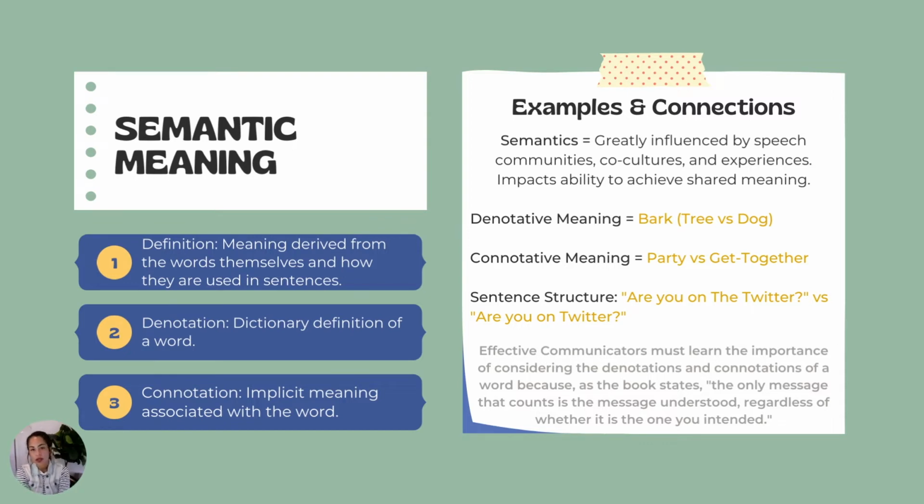However, if you were to look in the dictionary, get together or party would have the same definition, or in fact, get together might be a definition for party, right? So understanding the connotations of speech communities other than your own is super important.